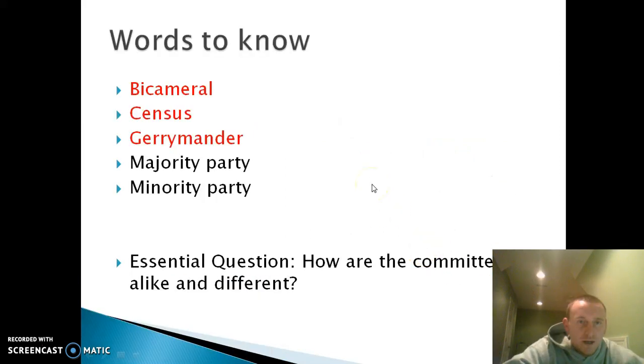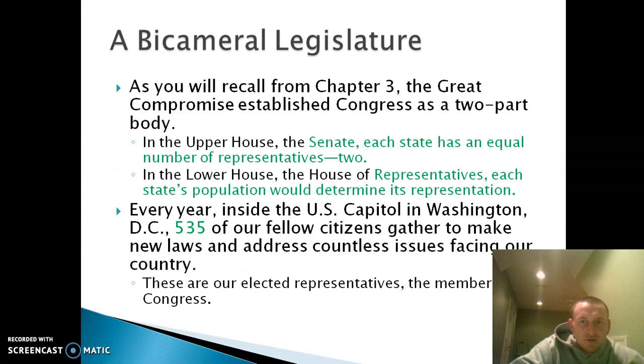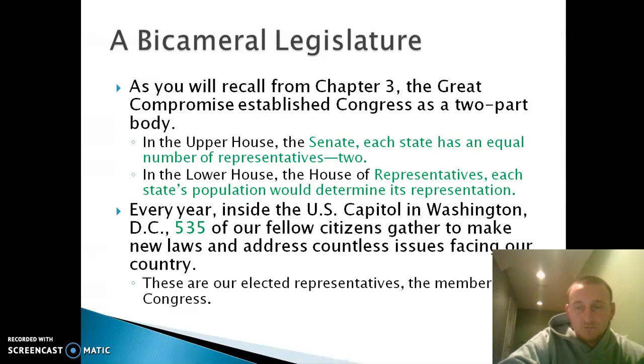Three big words you need to know are bicameral, census, and gerrymandering, or gerrymander. I'm going to fly through this pretty quickly. In the Senate, each state has an equal number of representatives, and the House of Representatives is based on the state's population. There are 50 states, in case you don't know.